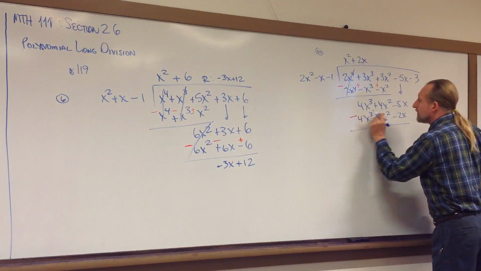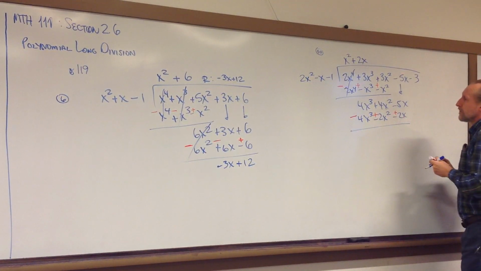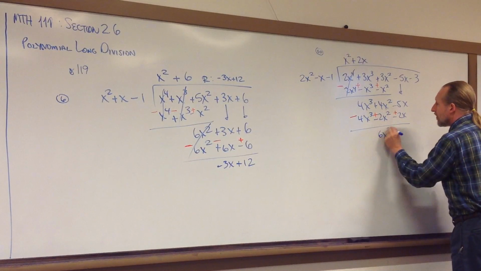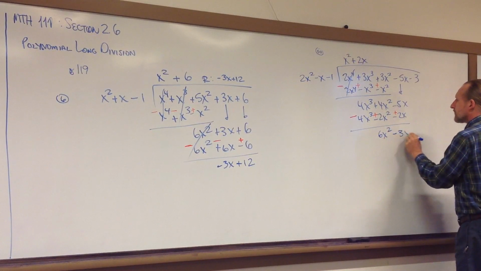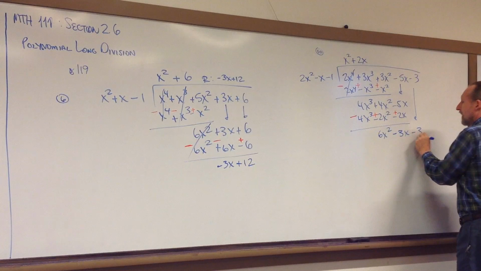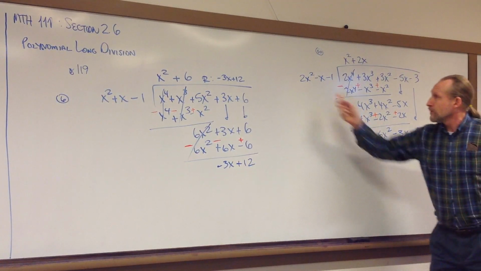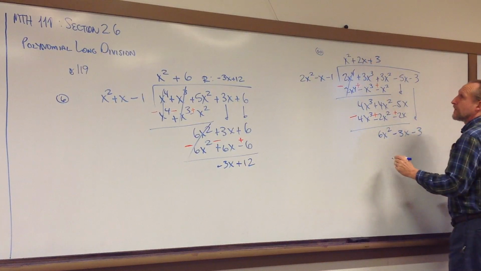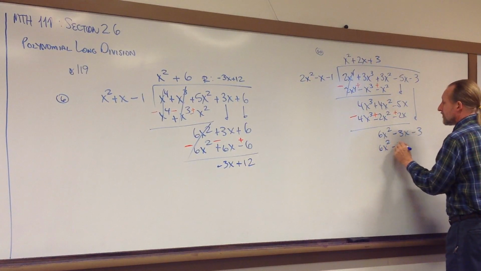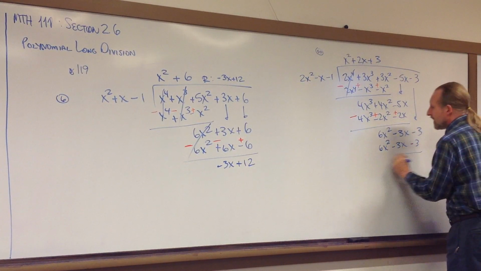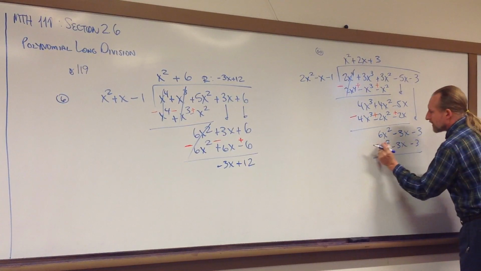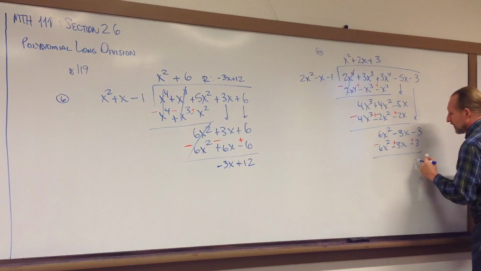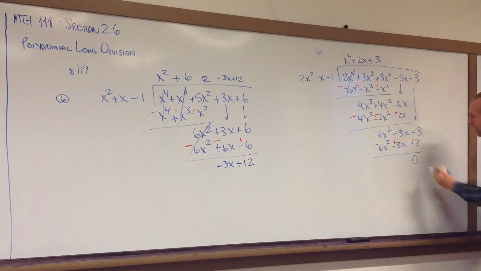Go in and change the signs. That'll make 6x squared, and then minus 3x minus 3. And so what do we multiply by here? Positive 3. So that'll be 6x squared minus 3x minus 3. And then you can see that they're matching up exactly again, so that when we go in and change the signs, we get a zero remainder.